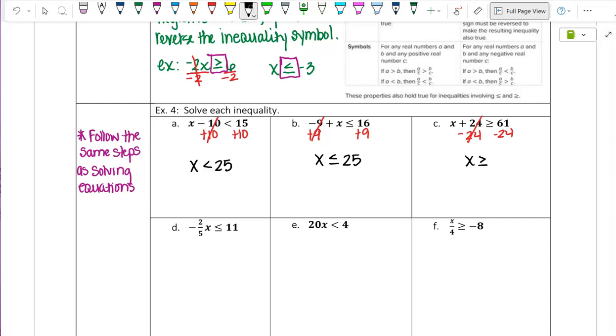If we take 20 from 61, that would get us to 41, and then I need to take another 4 away from 41, so where would I be?